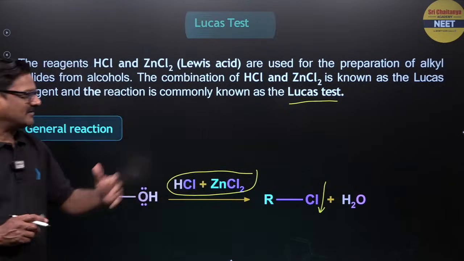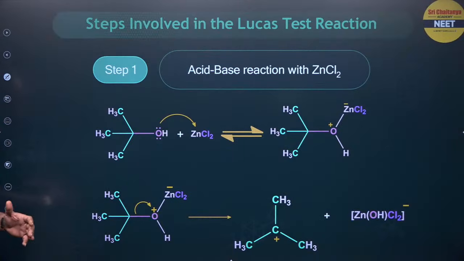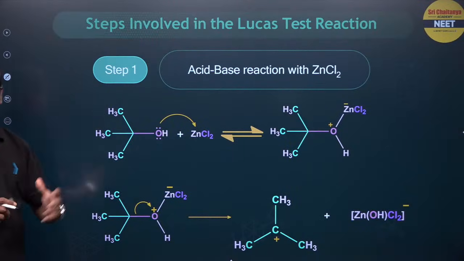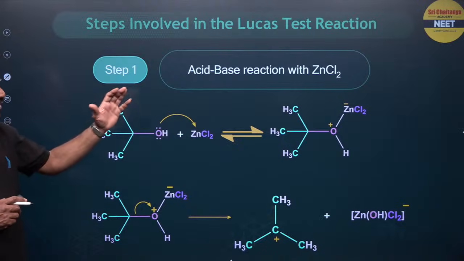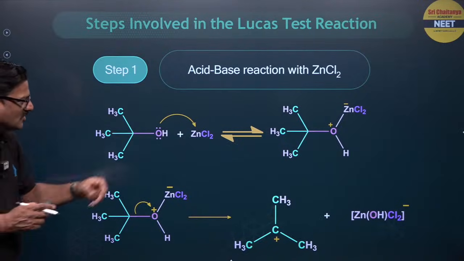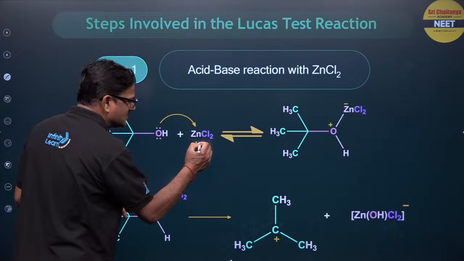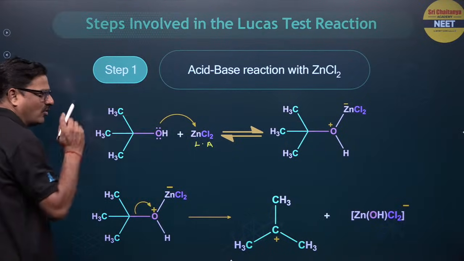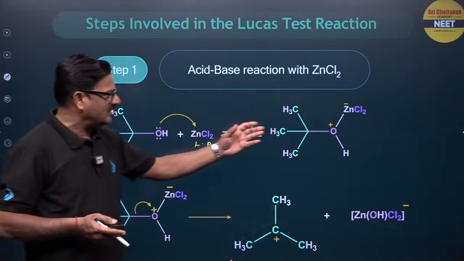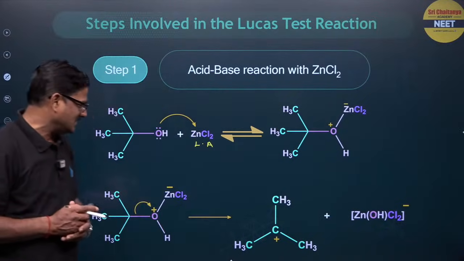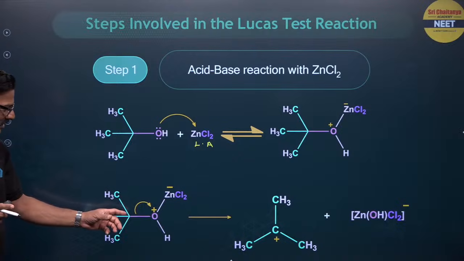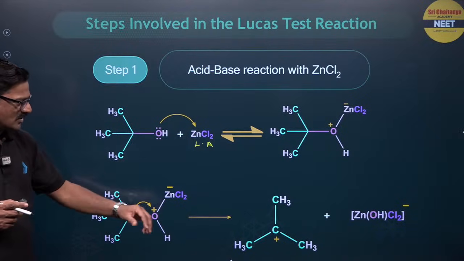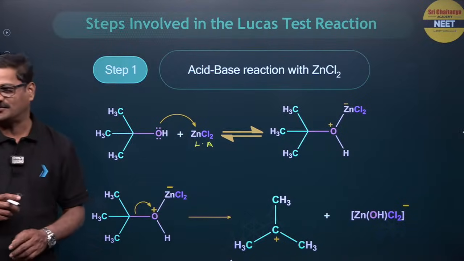So let us follow here and talk about the reaction mechanism with Lucas reagent. Zinc chloride is a Lewis acid, so it accepts an electron pair from the alcohol. That forms a complex, and this complex loses its water molecule to form a carbocation.